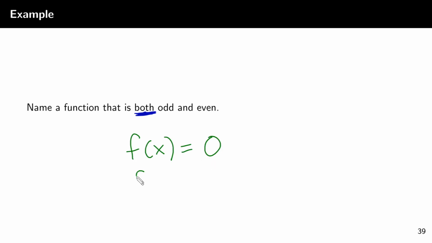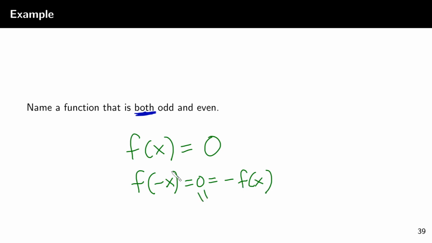Okay. So f of negative x is 0, and 0 is just equal to negative of f of x. Ayan. So f of negative x is equal to 0. Now since f of x itself is equal to 0, yung negative niya 0 din.